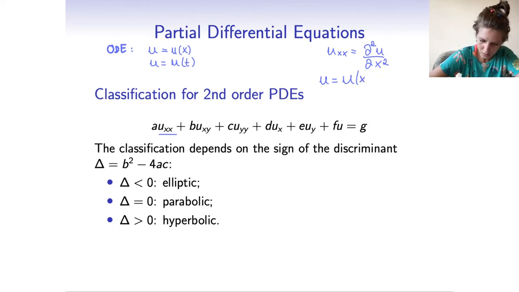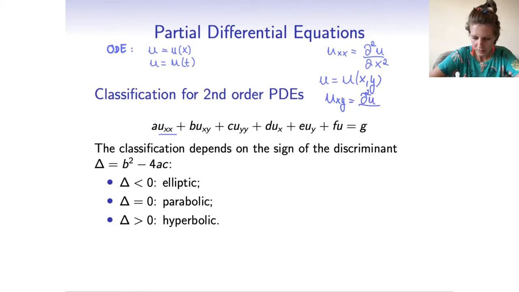And then uxy is del u del x del y. So first we differentiate our u with respect to x, and then with respect to y. And then we have uyy, the second derivative with respect to y, del u x, del u y, and then we have some u here and some g.